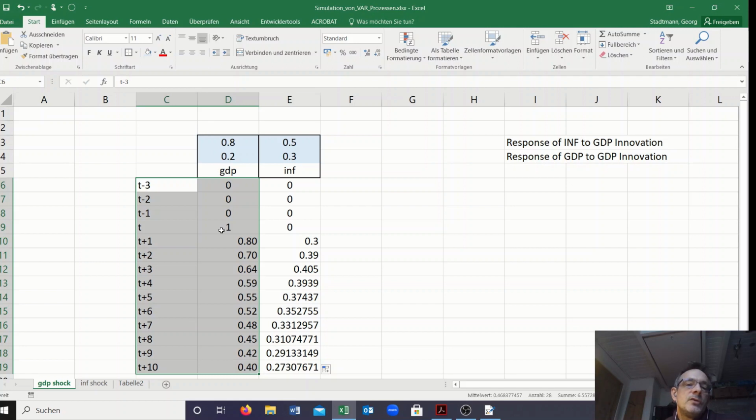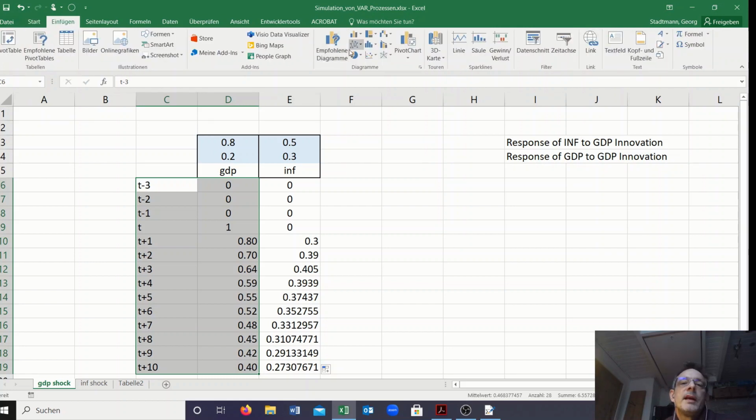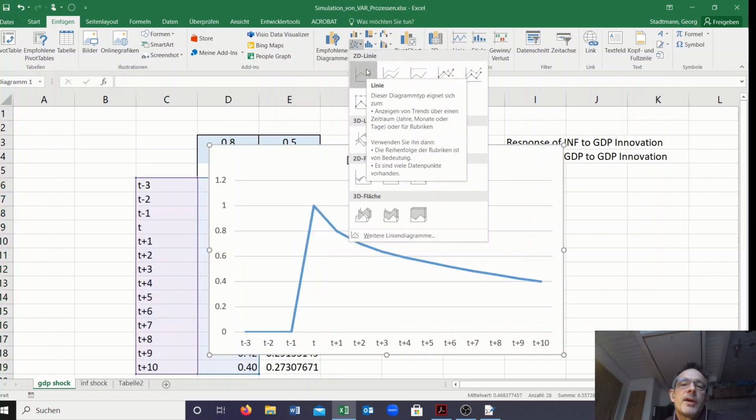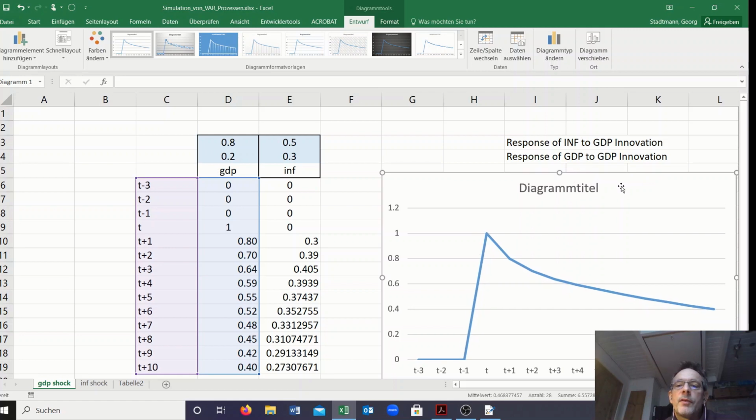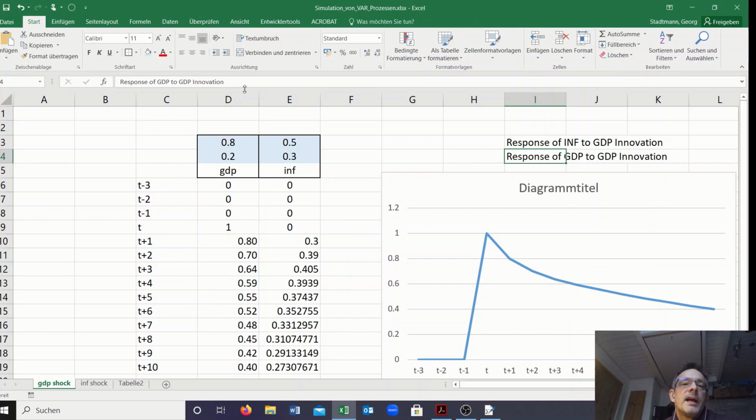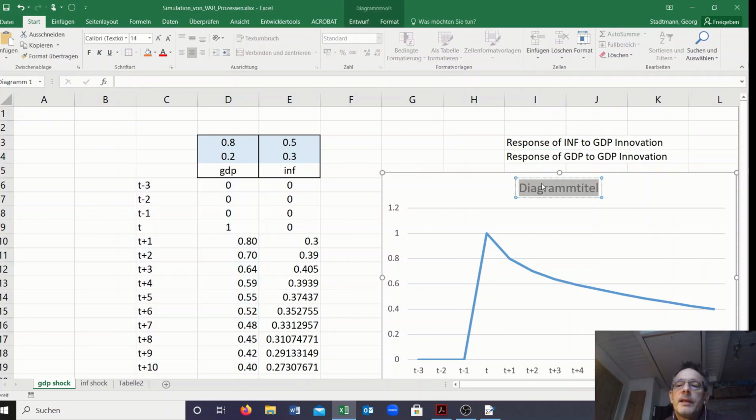So let's use a time graph. I'll go to Einfügen, Insert, and I insert a time graph like this one. And we also want to put the right label to this time series. And the right label is the response of GDP to GDP innovations.